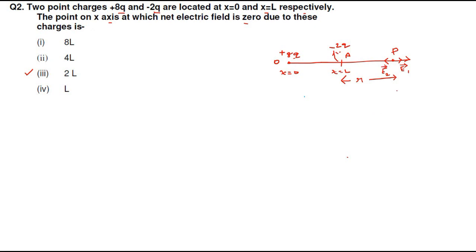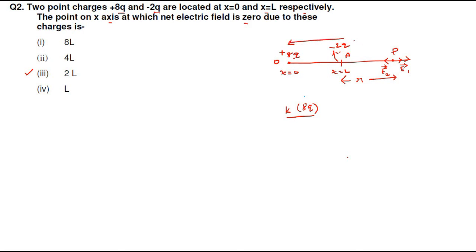Now E1 and E2 should be equal in magnitude and opposite in direction. E1 is due to plus 8q, so K into 8q by the distance OP squared.